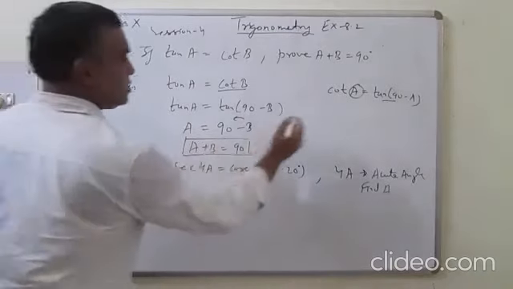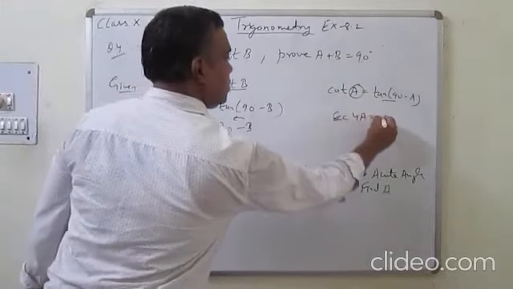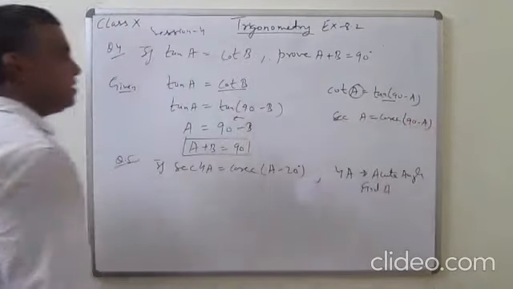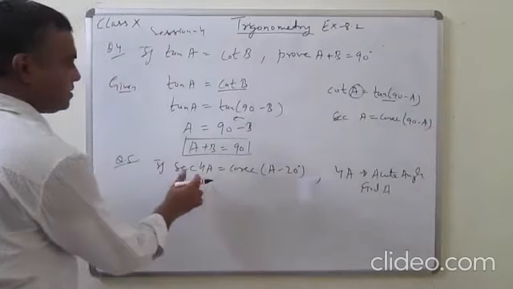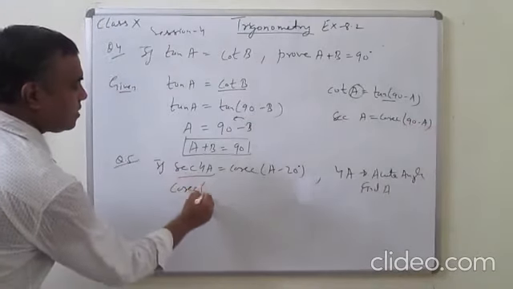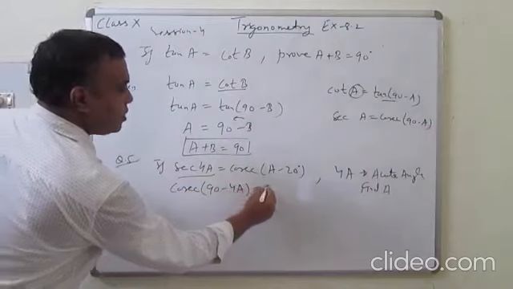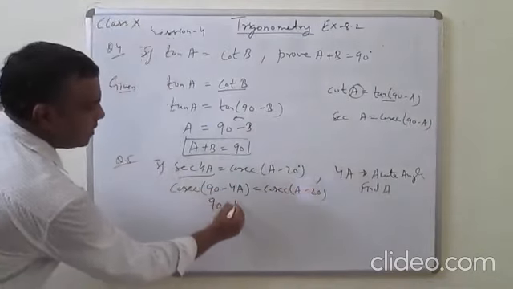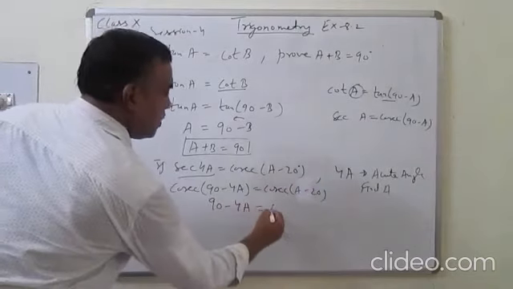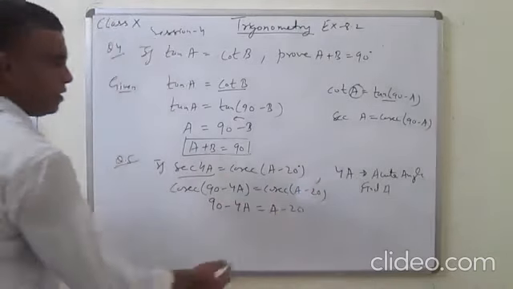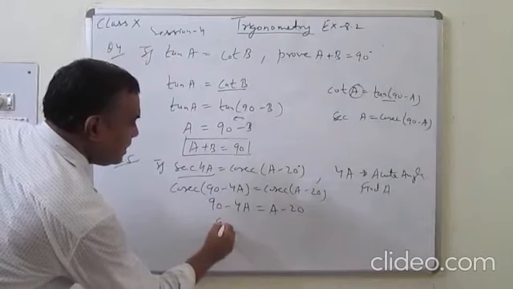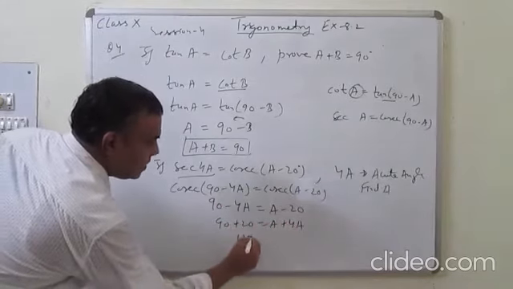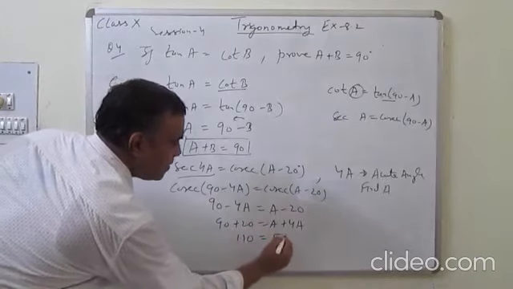Now, we know that sec a is equal to cosec 90 minus a. Instead of this, you can write cosec 90 minus 4a is equal to cosec a minus 20. Cosec cancels out. 90 minus 4a is equal to a minus 20. Now 20 will come this side. 90 plus 20 is equal to a plus 4a, so 110 is equal to 5a.